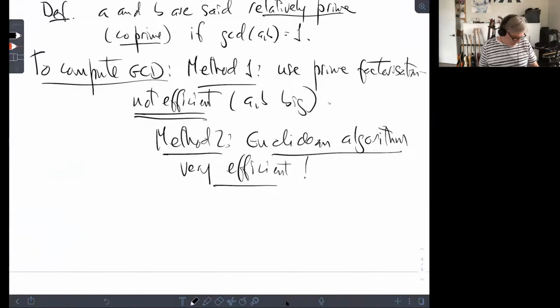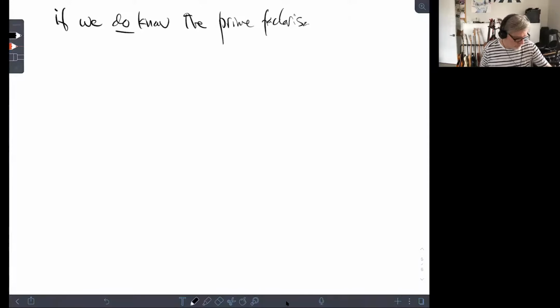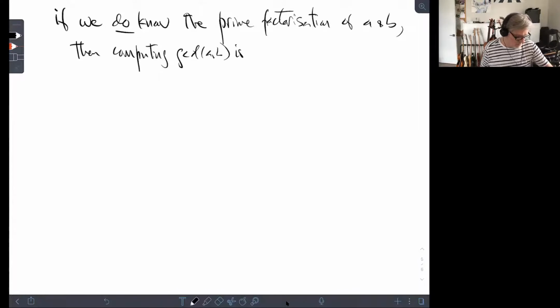But anyway, okay, so let's see what happens. So if we do know the prime factorization of A and B, then computing the GCD is easy.